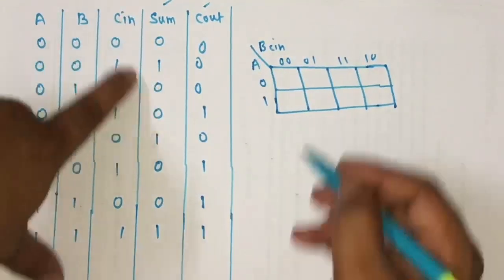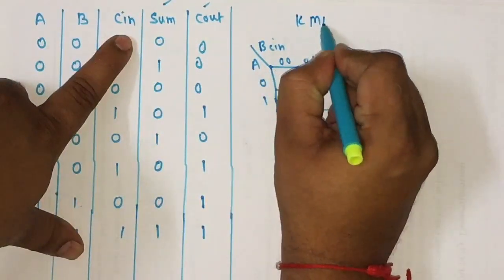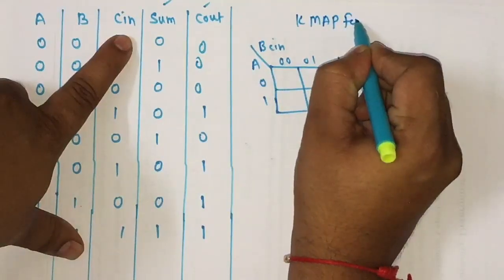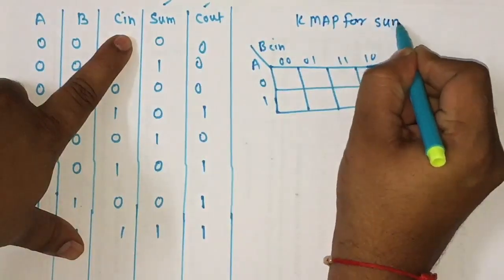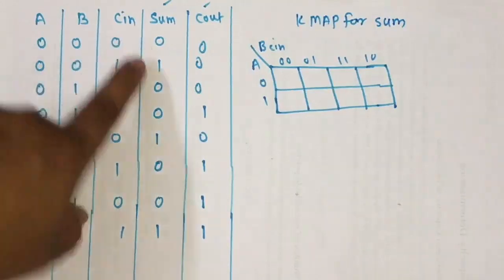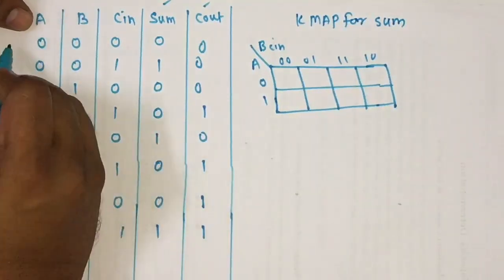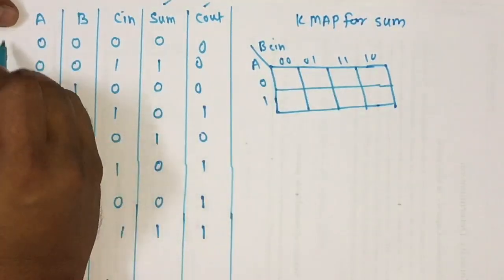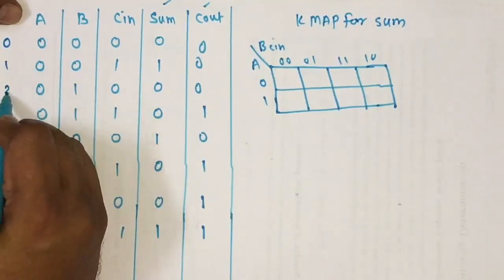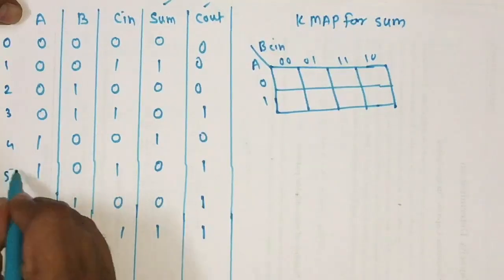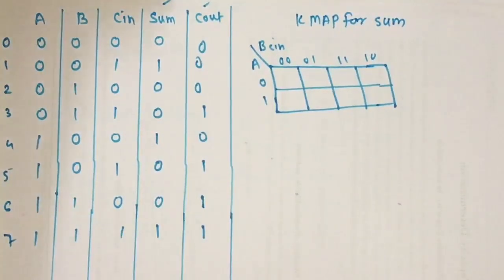For the sum, first we will find the K-map. Find the min terms. Here I will draw the equivalent decimal values, that is 0 1 2 3 4 5 6 and 7.